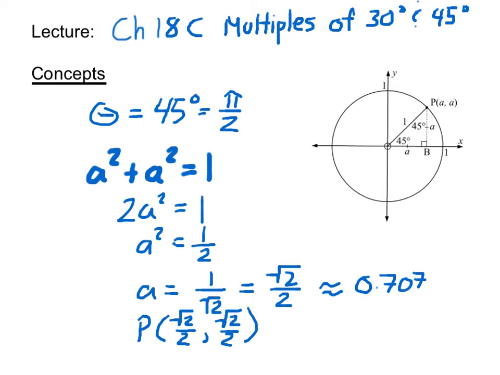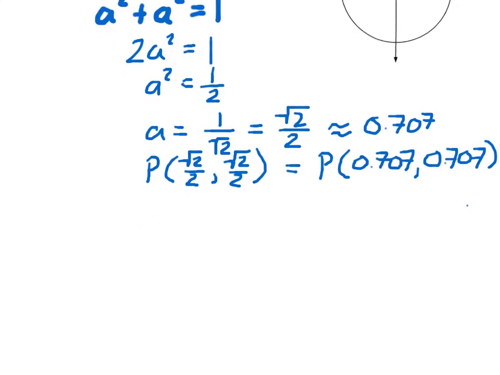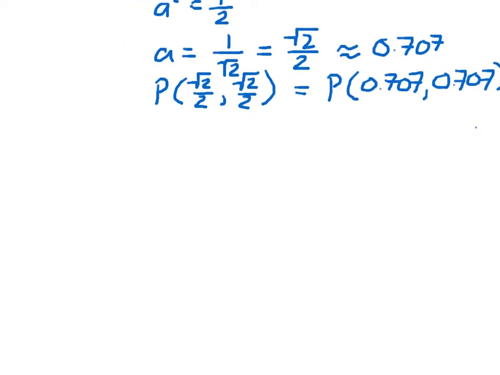We can also approximate the coordinates of this point as 0.707, 0.707. We can now quickly find all of the coordinates for the angles that are multiples of 45 degrees.